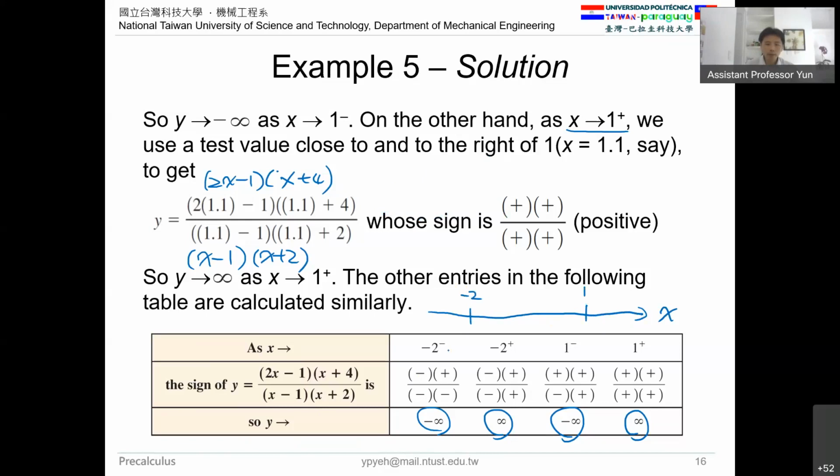So you can see that the function in this region will be negative infinity. Okay, and in this region the graph will be positive, and as it approaches this 1 here, the asymptote, it will be negative, and when x approaches the right-hand side of the 1 here, it will be positive here. So you can see the graph will be some kind of this shape.